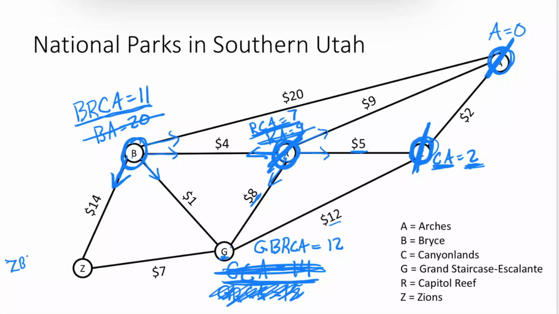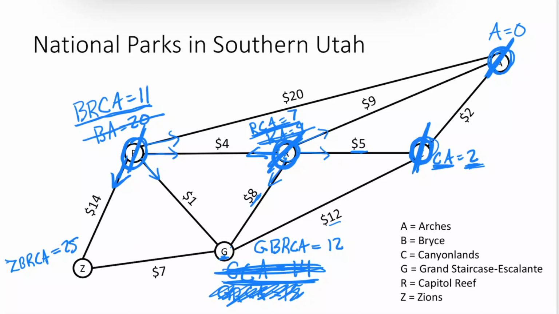So going from Z to B to R to C to A, that would cost, let's see, 14 plus 11, which is $25. And that would be the cost of going from Zions National Park through Bryce and then getting the cheapest route back to A. So once I've done that, I can cross off B, and that means that vertex is visited.